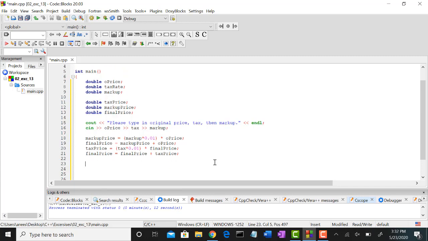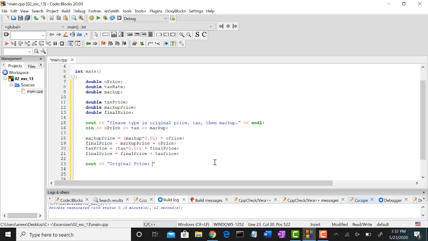So now we could print it out. We'll cout the original price first. Oh, I just realized I have been writing the quotation, but I haven't put the quotation marks in.